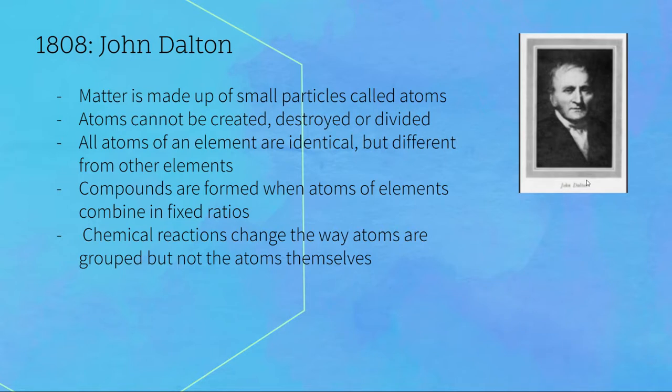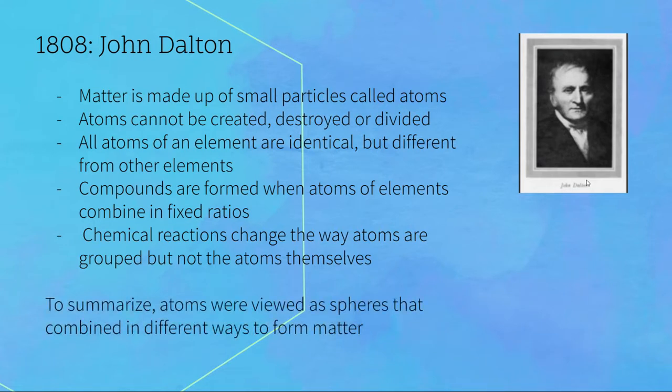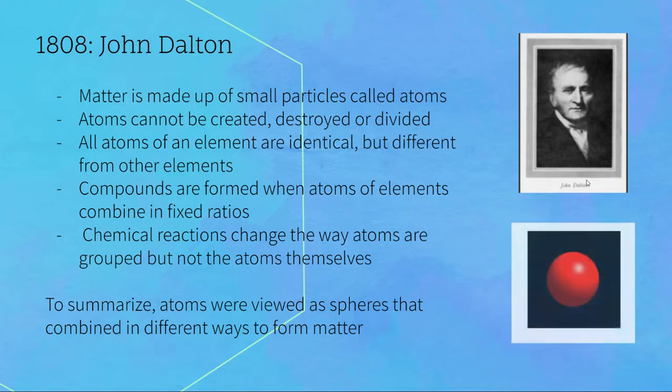The hydrogen atom does not get changed. They stay the same. So essentially, to summarize good old Dalton, he summarized that we view atoms as a sphere, and you can combine them in different ways to form different matter. We call his model the billiard ball model. Okay, some balls are bigger than the other, some are smaller, hydrogen, oxygen, those kinds of things.